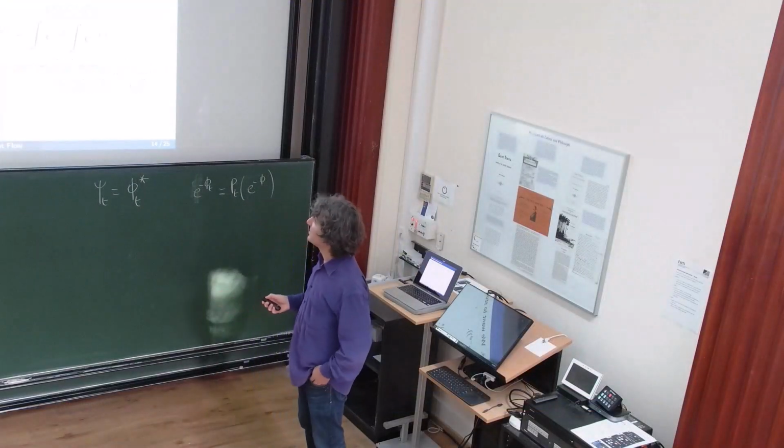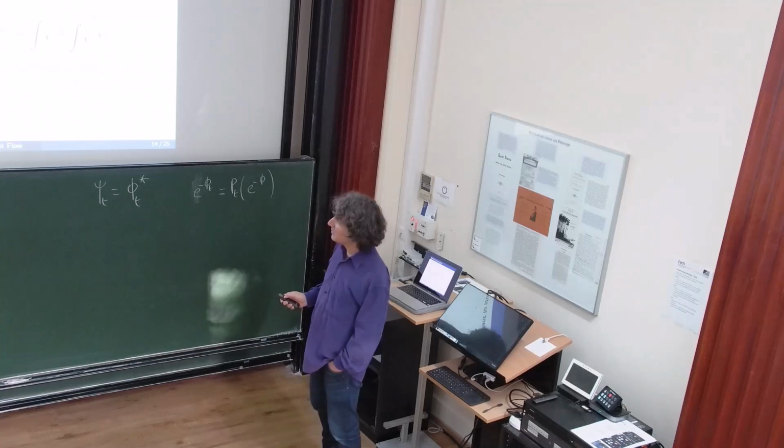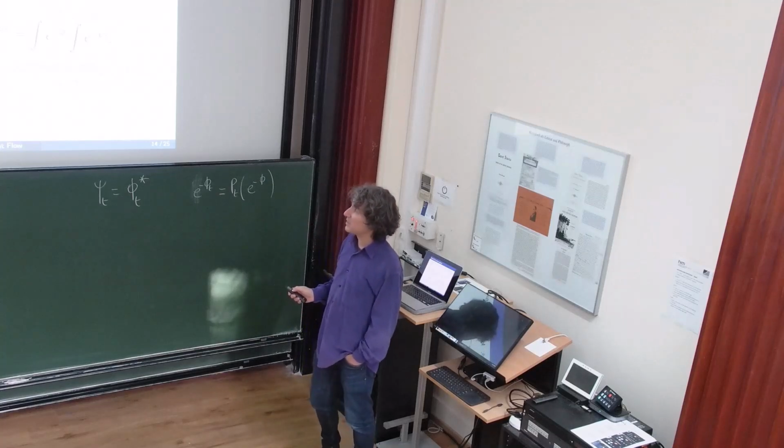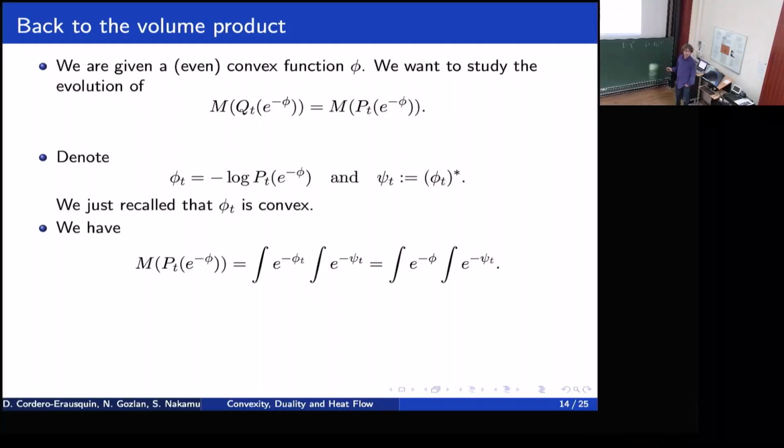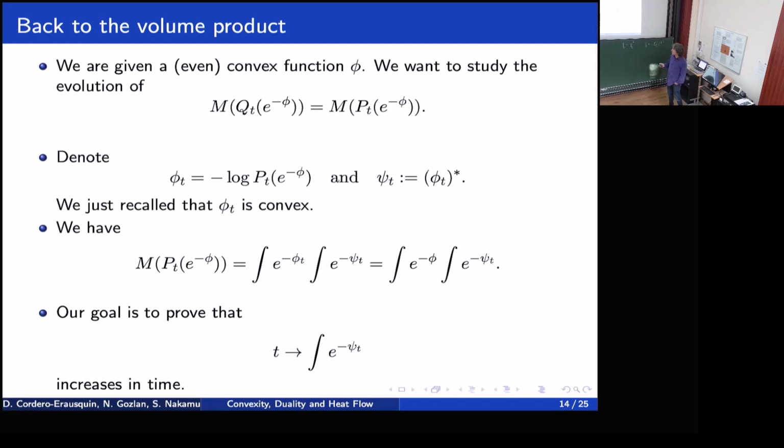So the quantity we want to look at is exponential minus phi_t times exponential minus psi_t. And of course the heat semi-group preserves the integral, we said. So it's really about this quantity, the evolution of this quantity. So our goal is to prove that this quantity increases in time.